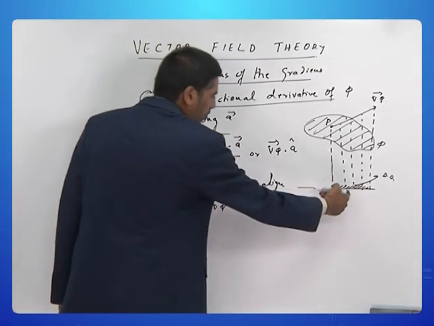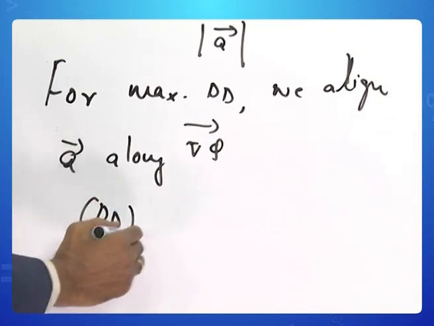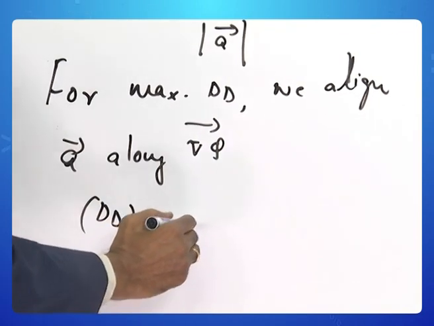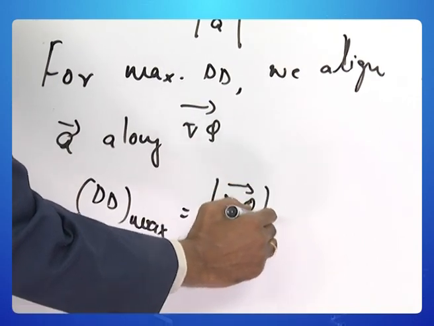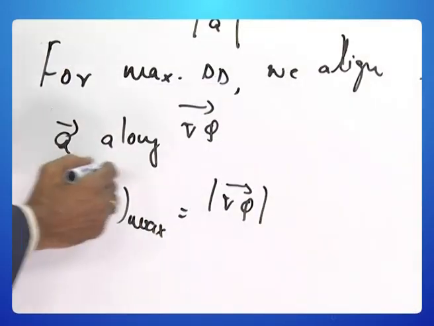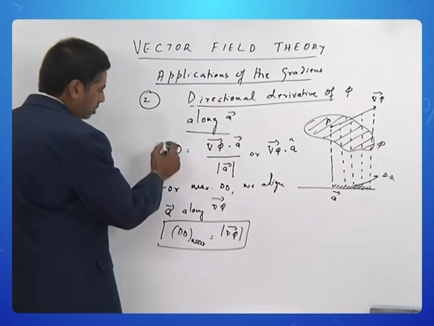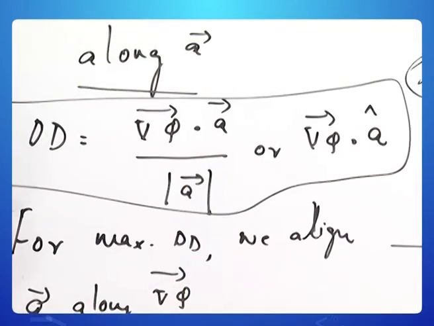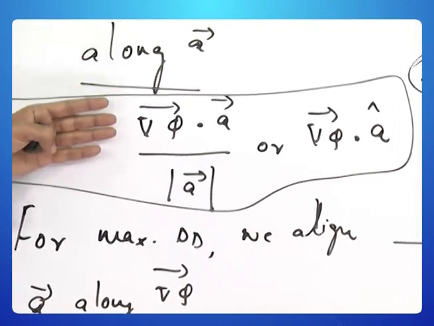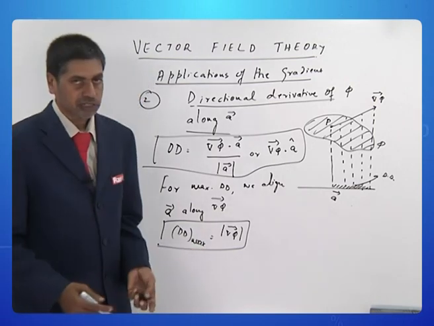So, when these two become parallel, then directional derivative maximum value will be equal to the magnitude of del phi itself. So, we have very important information here. This is generally the formula to calculate directional derivative, and this is a specific case where we are maximizing the directional derivative.